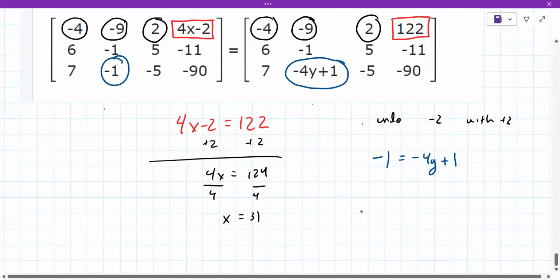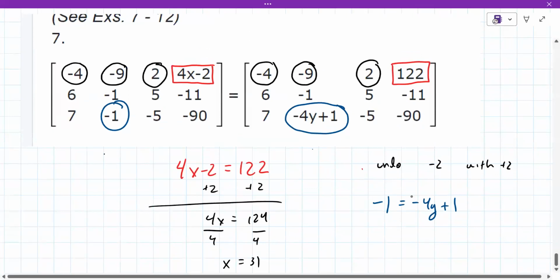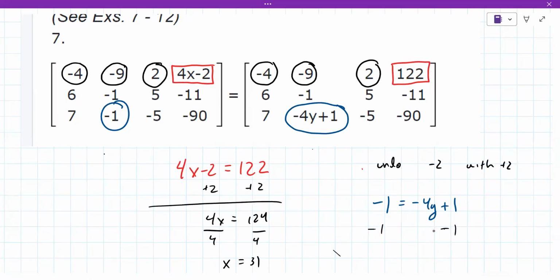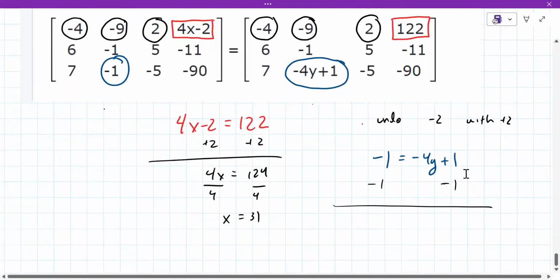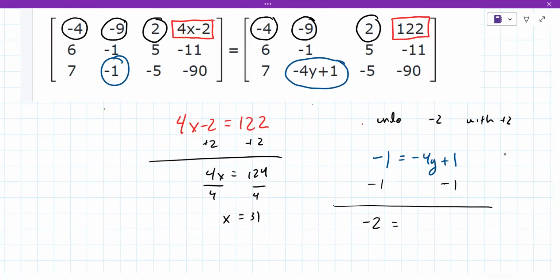If I were to subtract the 1, it would be -2. So -2 equals -4y.